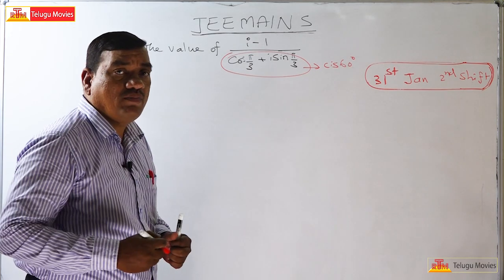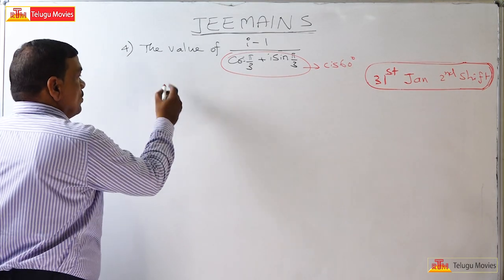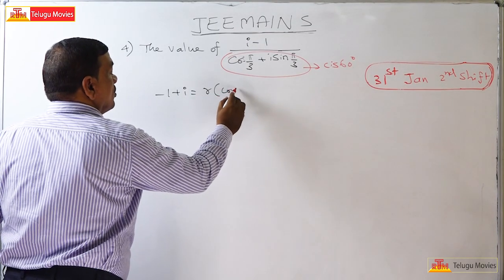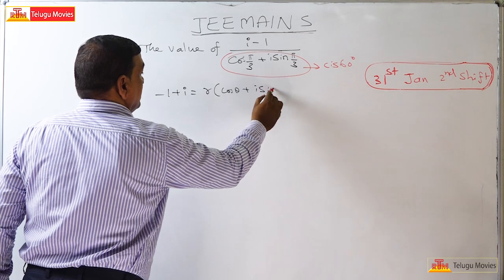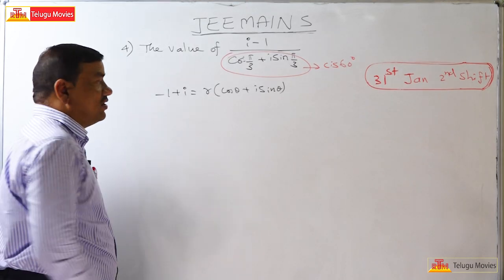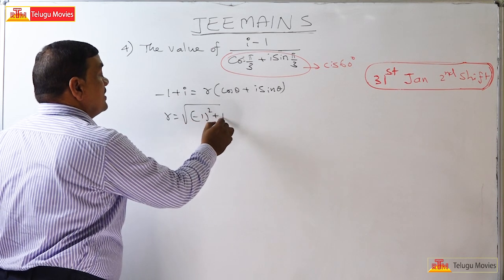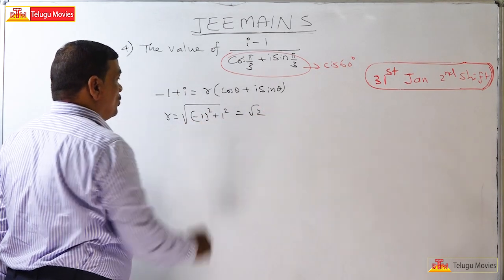Then how to convert to modulus amplitude form? We know that minus 1 plus i is equal to r into (cos theta plus i sin theta). We know that r is equal to root of a square plus b square, that is equal to root 2.